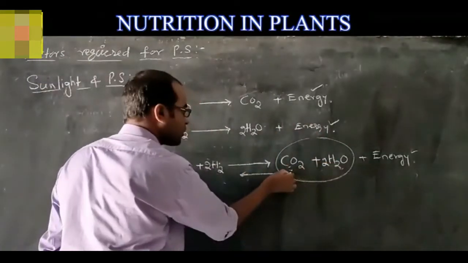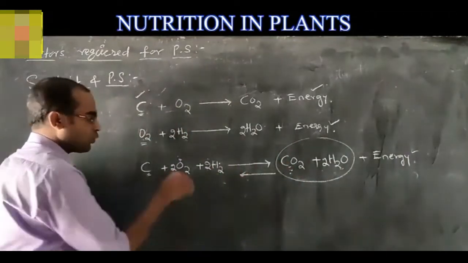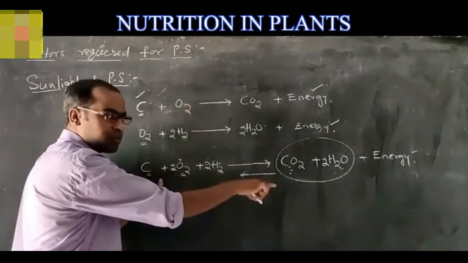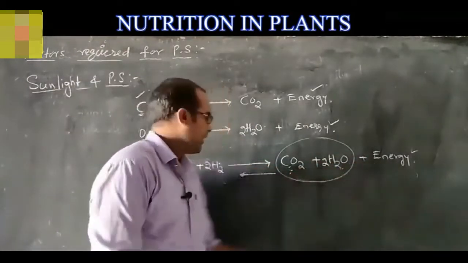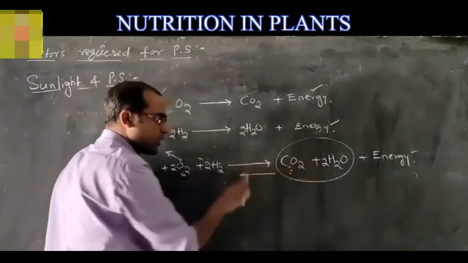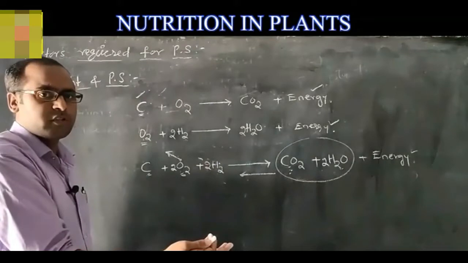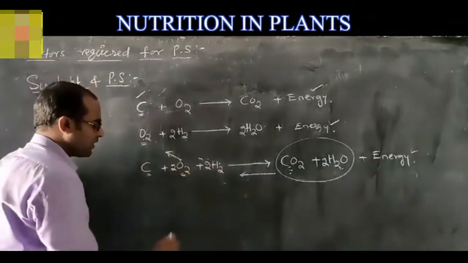In photosynthesis, oxygen is released. So in the oxygen utilization process, energy is released, and in the oxygen release process, the energy is utilized. So here, what about the reverse process? What is the reverse process here?